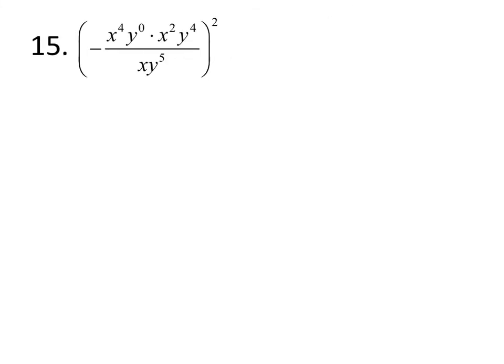Okay, here I'm going to go ahead and try to deal with what's inside the parentheses before I deal with this squared. So I'm going to combine x to the 4th and x squared. So I have parentheses negative x to the 4th plus 2, because it's 4th and 2. And then we've got y to the 0 plus 4.